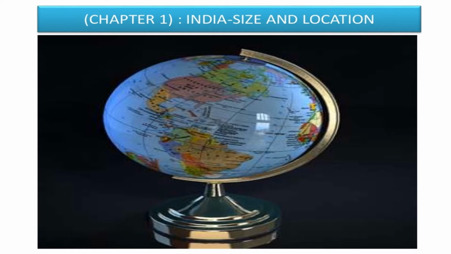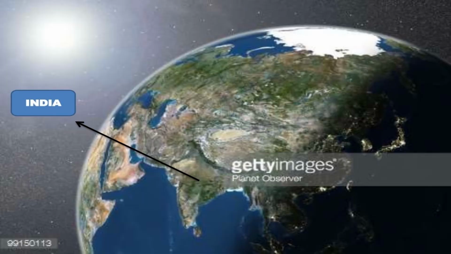So this is the globe, and as you can see, the globe rests on its axis. The axis is the imaginary line that passes through the globe, connecting the North Pole to the South Pole. This is the location of India on the globe.